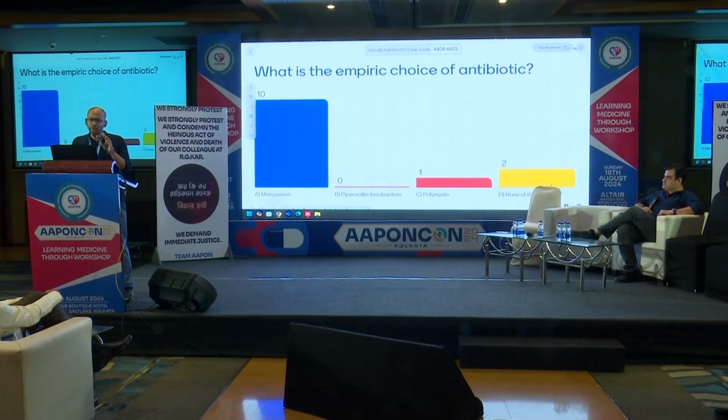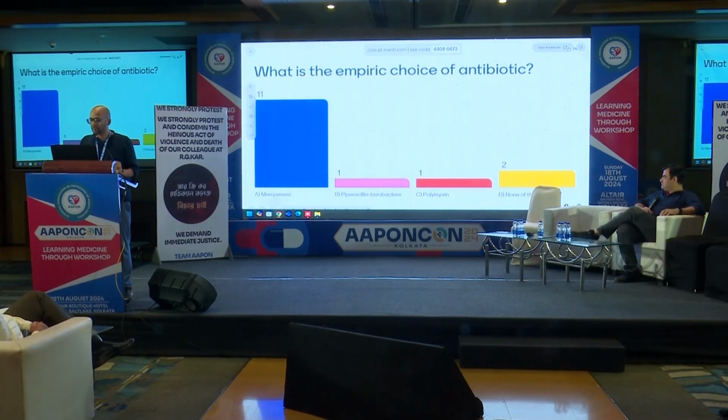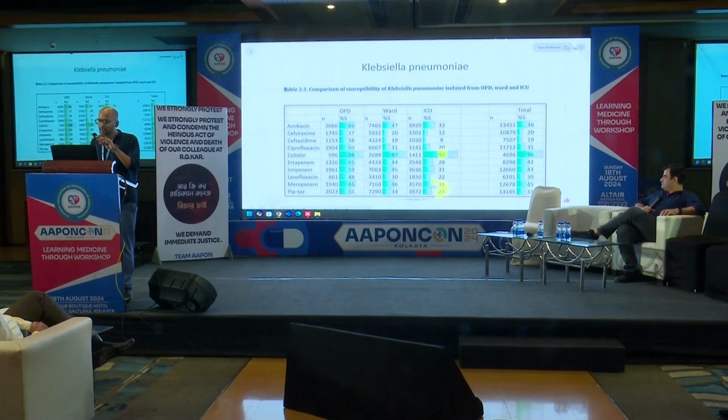So we will talk about this. So there are people who have chosen none of these. Most of the people have gone with meropenem, some have gone with piperacillin tazobactam, and some have gone with polymyxin. And I'm going to talk about what would be a good approach to deal with hospital acquired pneumonia.